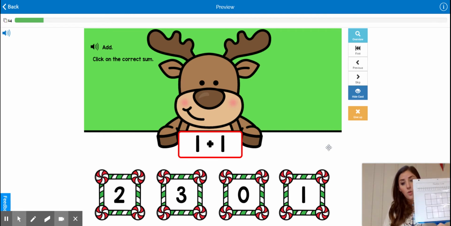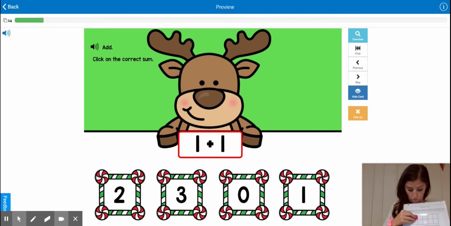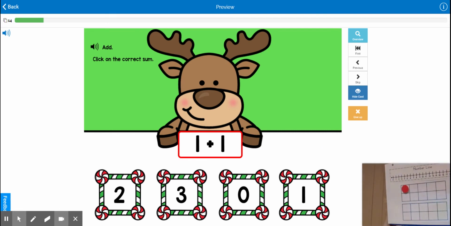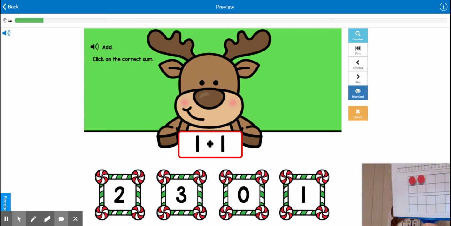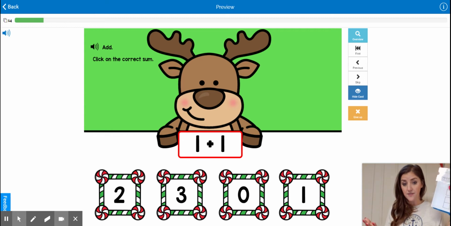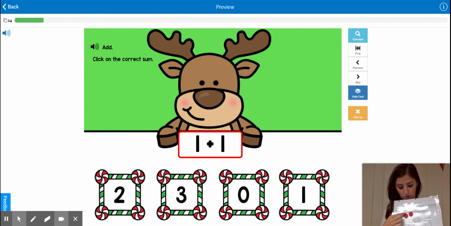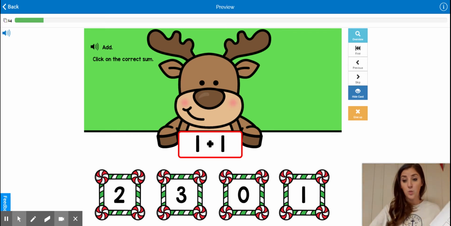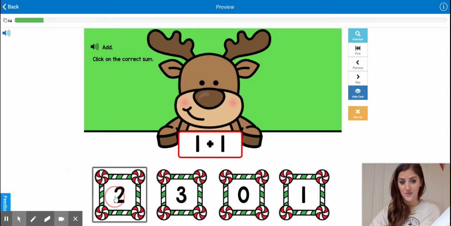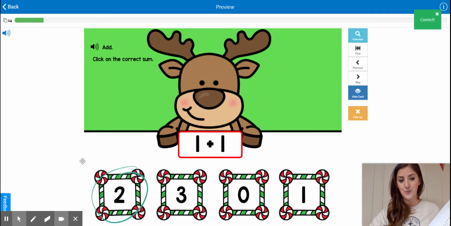How many do we have now? Let's count. 1, 2. So we need to find number 2 down here. It's right here. We can click on 2.